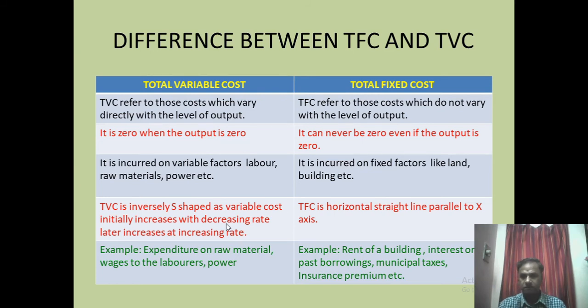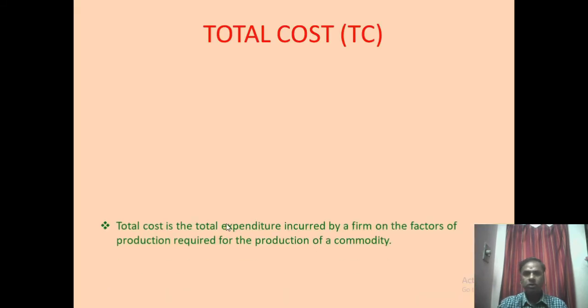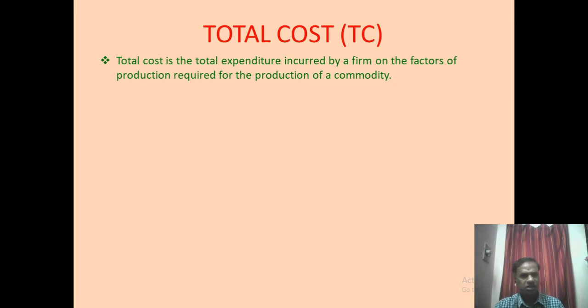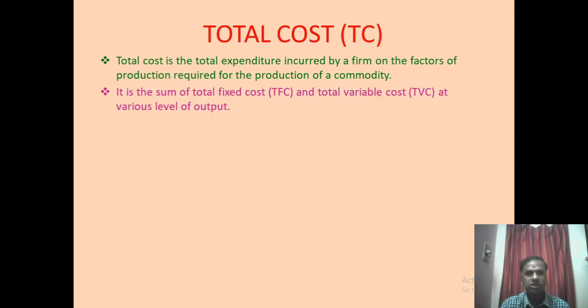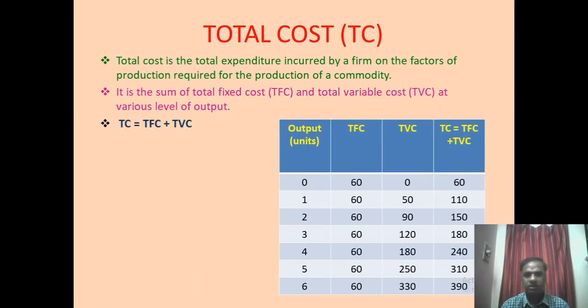These are all the examples. Next, total costs. It is nothing but the sum of total fixed cost and total variable costs. Sum of total fixed cost and total variable cost is known as the total cost. You can see here, this is the schedule.